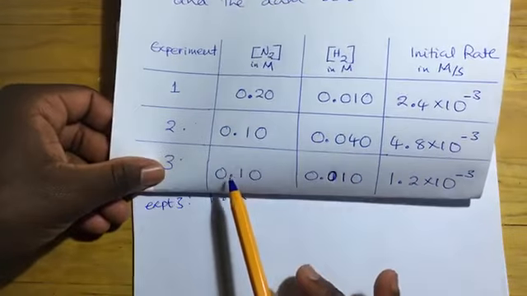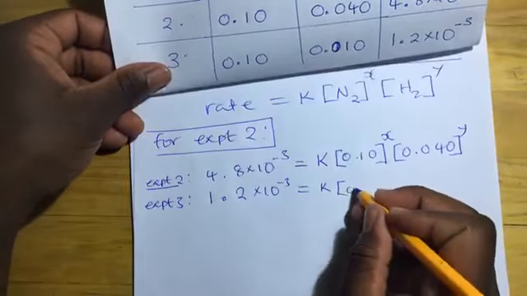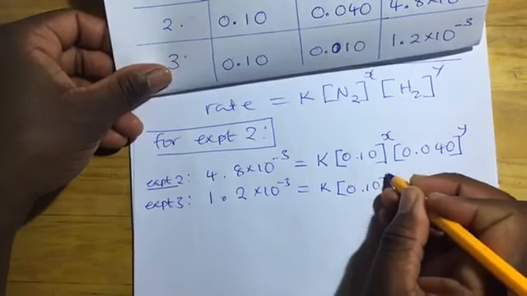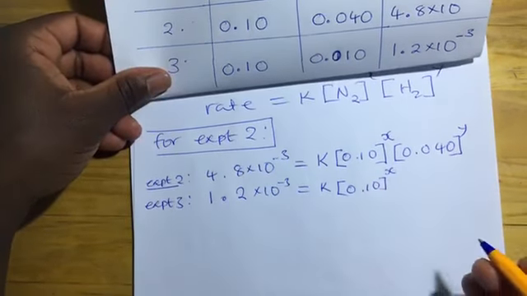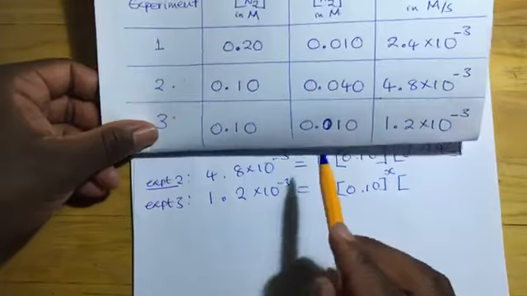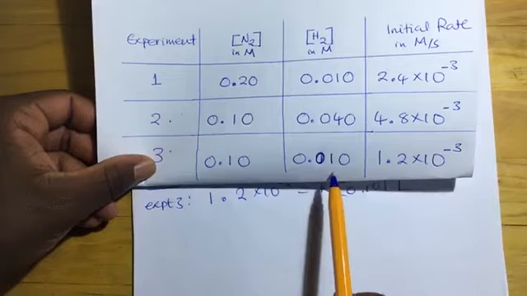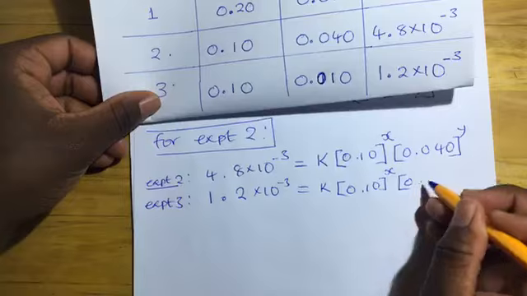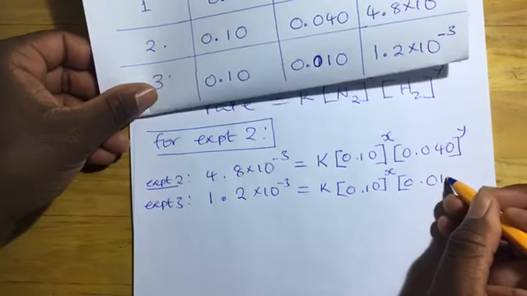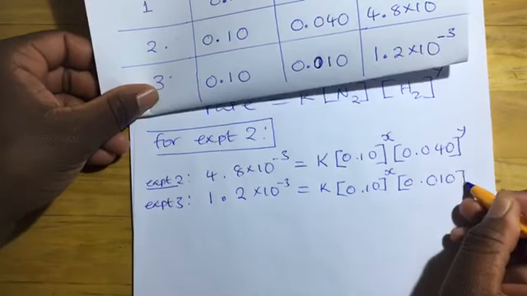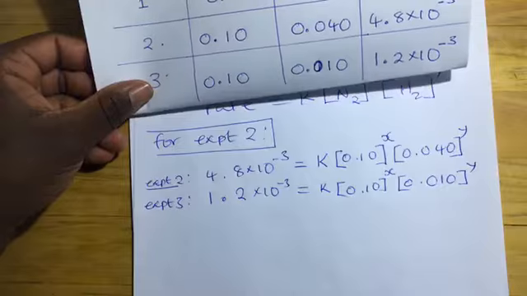In experiment 3 is going to be 0.10. Everything to the power x. Okay? Concentration of hydrogen in experiment 3 is going to be 0.010. Everything to the power y.